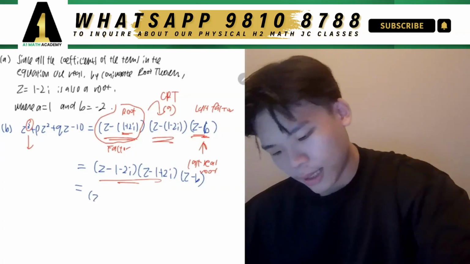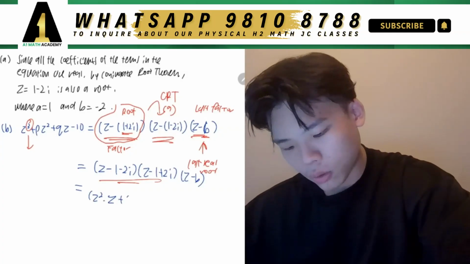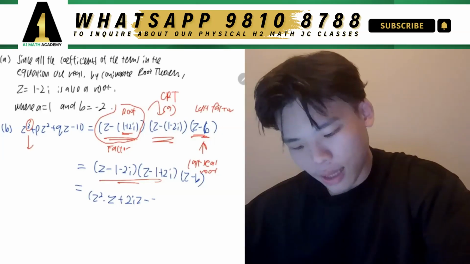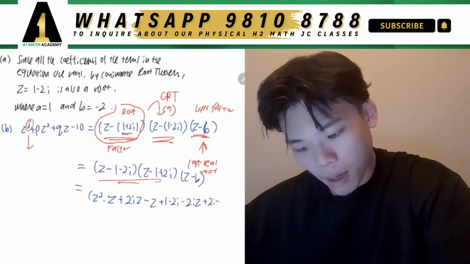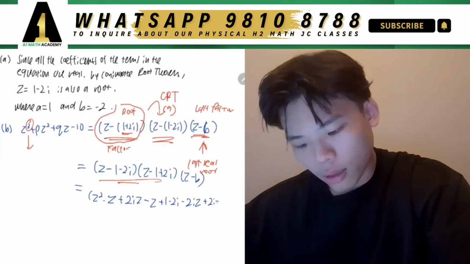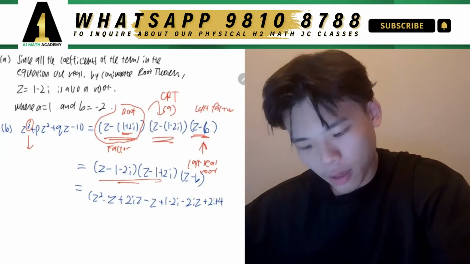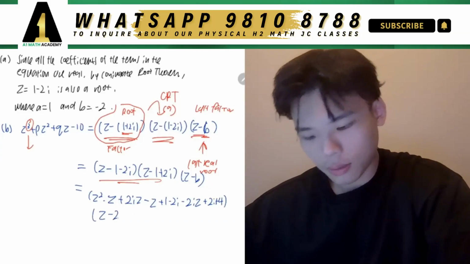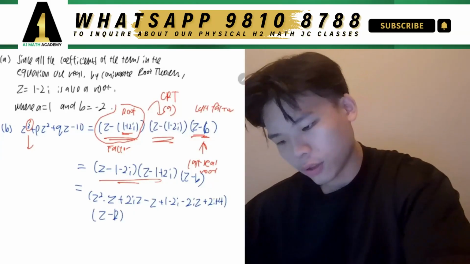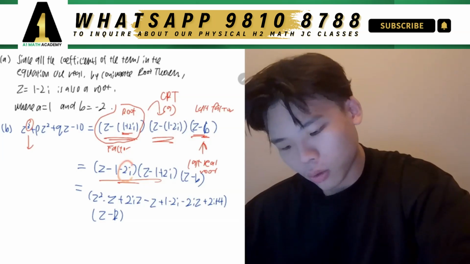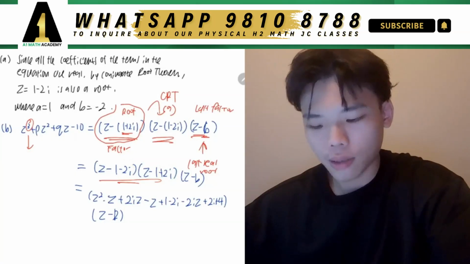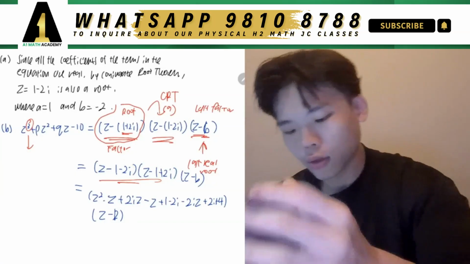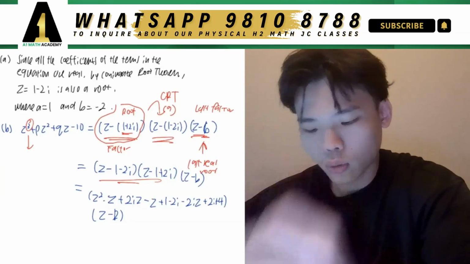We'll get z squared minus z plus 2iz minus z plus 1 minus 2i minus 2iz plus 2i minus, or rather it becomes plus 4, and then we have a z minus b over here. Because for the last expansion, minus 2i times 2i, i times i gives me minus 1, so minus 1 times minus 2 times 2 is 4.